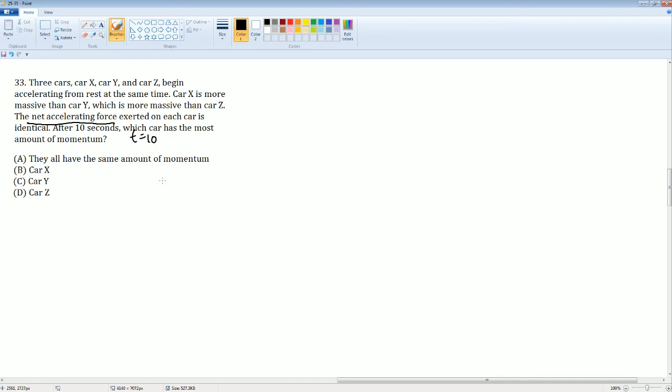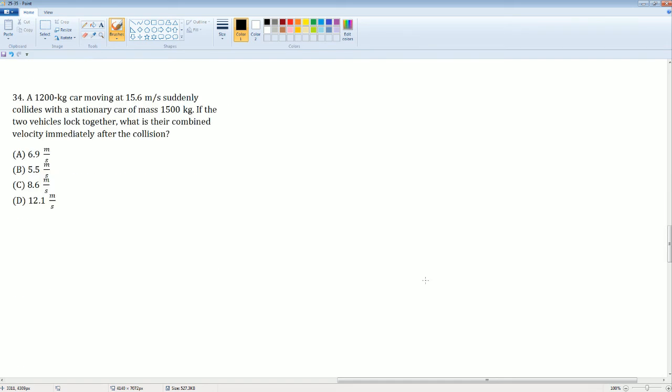Please understand that F times delta t is equal to the impulse. The force here is what? They're identical, so they're the same force and the same time. If they all have the same force and the same time, they all have the same momentum. Why? Because they have the same net force, and they also have the same time that they're applying that force.